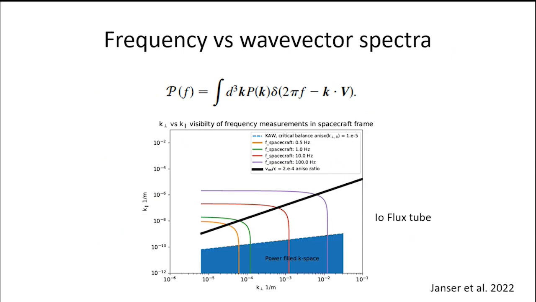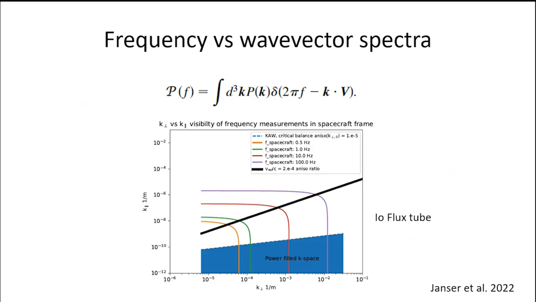And this is very important because usually spacecraft measure time series. You convert that into a frequency spectrum, but that's what we have. We do not measure K space or real space directly with only one spacecraft.